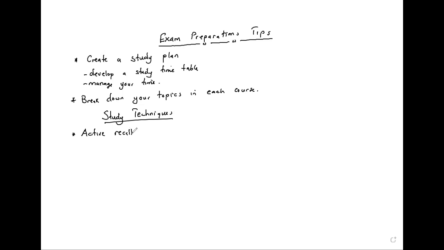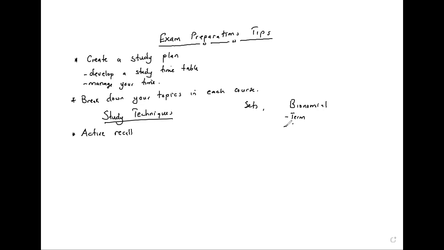Because you've broken down your topics, when you do a topic, for example, if it's mathematics, I'm doing sets, or I'm doing binomial. In binomial I must know what things are very, very important. How to find the term. How to find the general term. How to find the term independent of x.